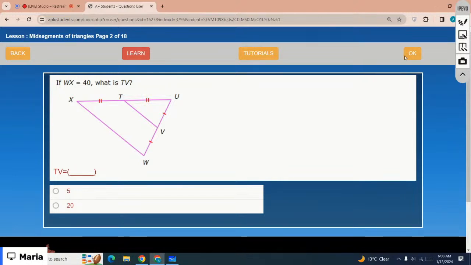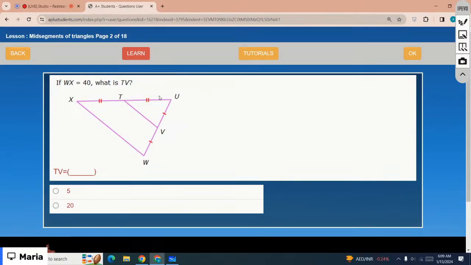Okay, if WX equals 40, what is VT? You can see the length of VW and VU is exactly equal, and the length of TX and TU is exactly equal. That means T is the midpoint of UX and V is the midpoint of UW.